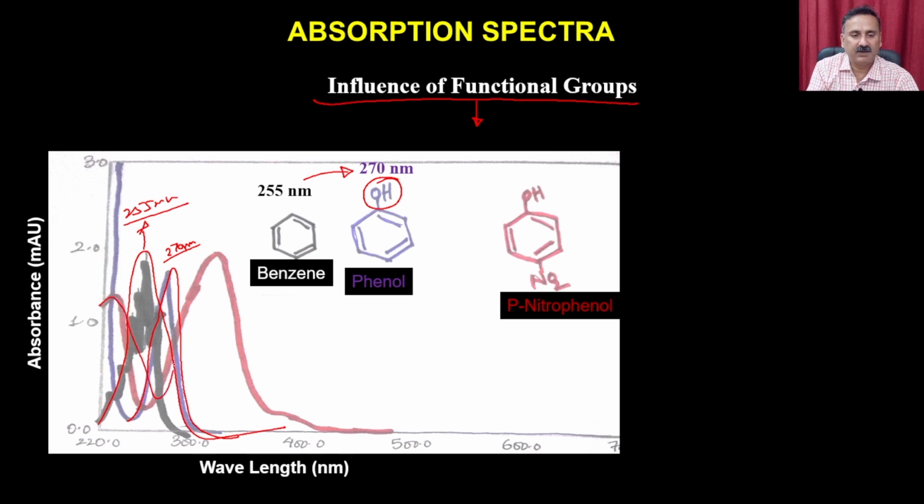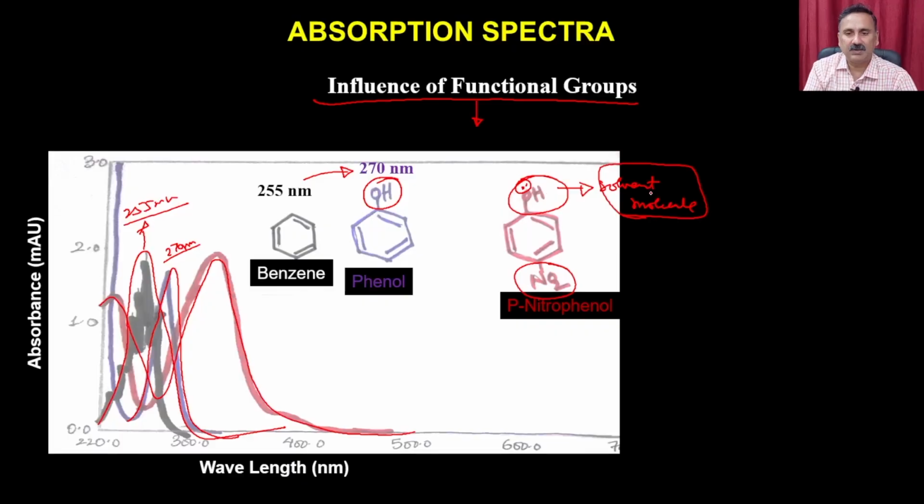It is further shifted towards this side, because now you have added the functional groups, and these functional groups interact with the solvent molecules. Because of these interactions, the electrons that are freely available, which can go into the higher energy state, are restricted, since they are interacting with the solvent molecule.